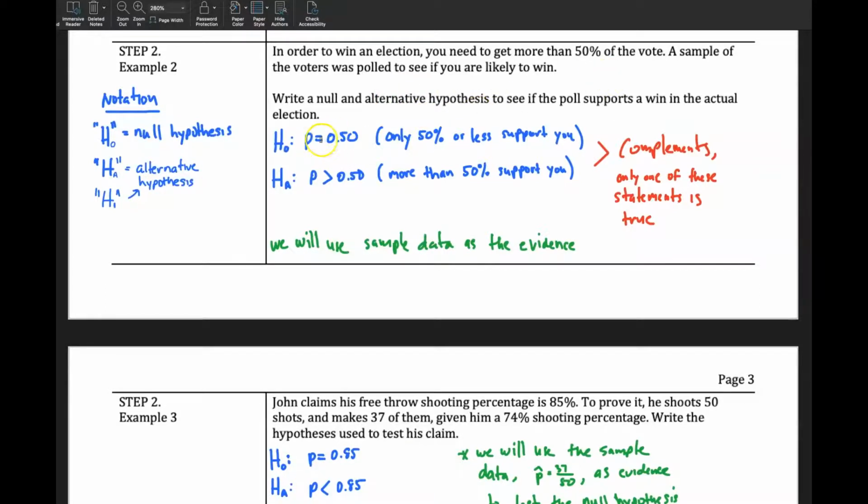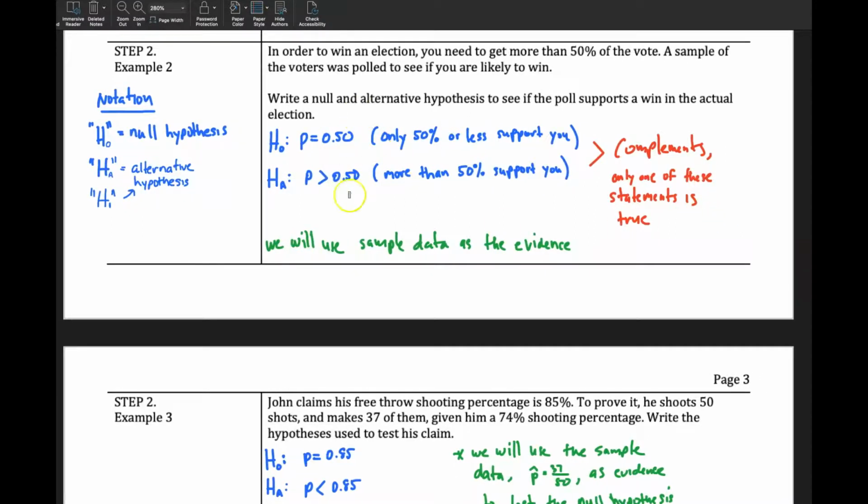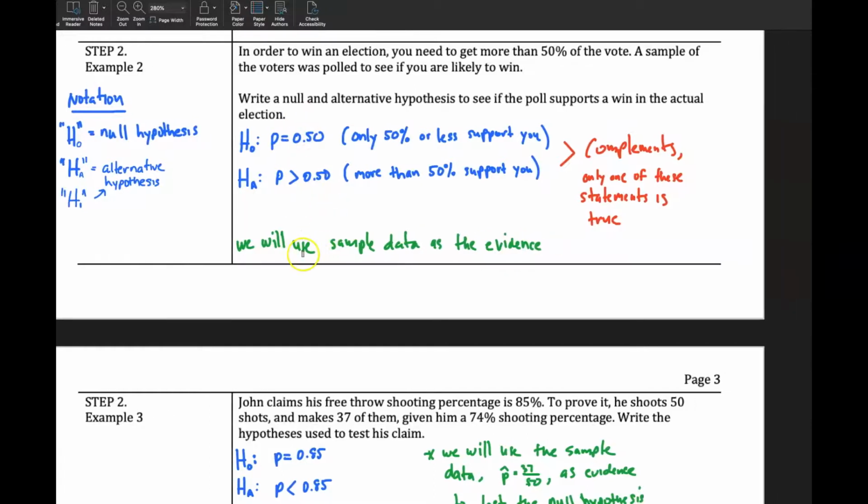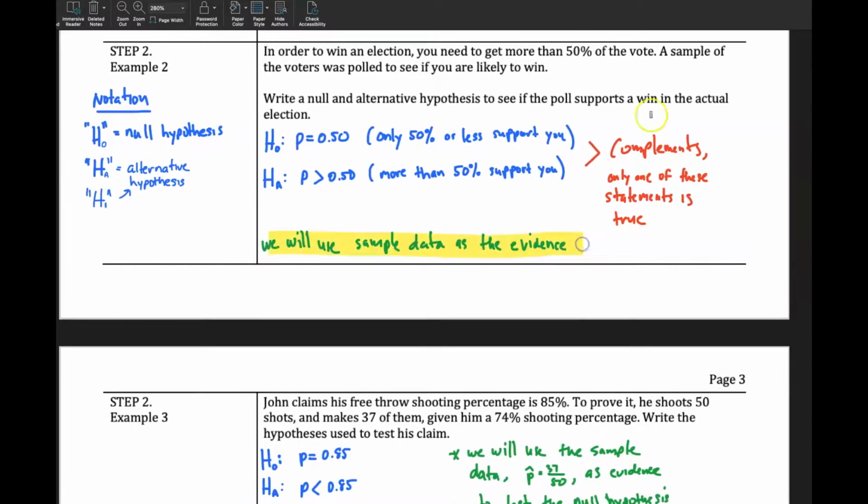We're trying to see if we're likely to win, so that's p is greater than 0.50. That's always in the alternative, and then the null is p equals 0.50. And again, remember these are complementary events, one or the other. And then we use sample data. A sample of voters was polled to check to see where we are with respect to the null hypothesis.